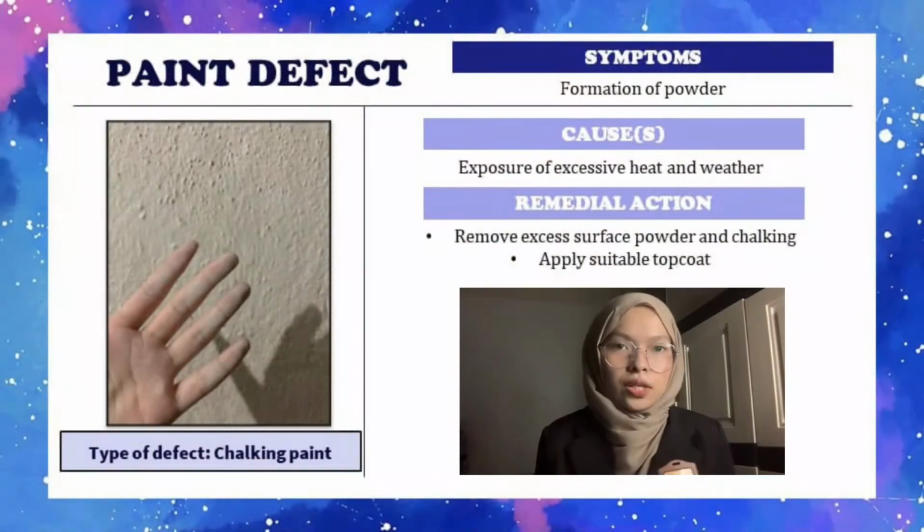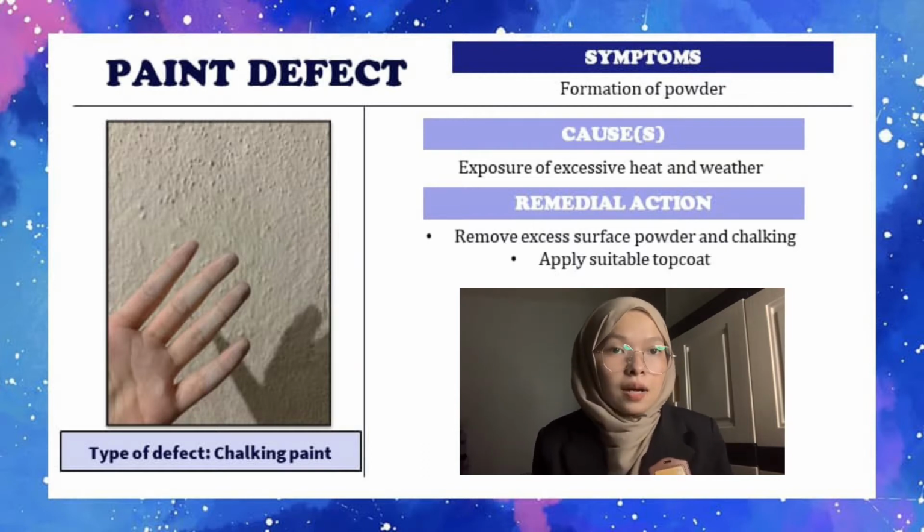The cause might be exposure to excessive heat and weather on the painted wall, which leads to dissolution of the paint binder and causes chalking. As for remedial action, the excess surface powder and chalking need to be removed first before applying a suitable top coat on the wall.